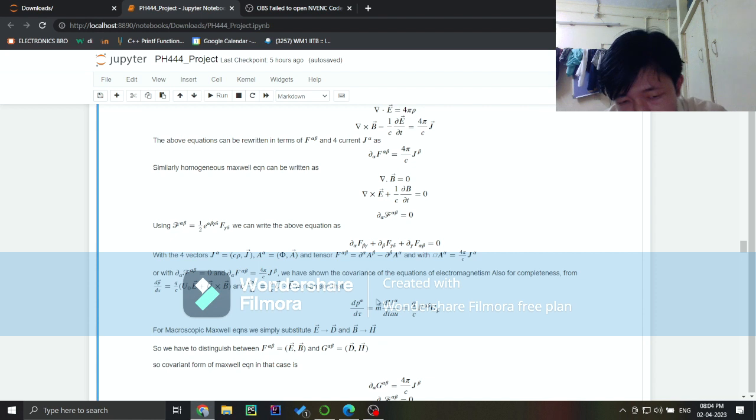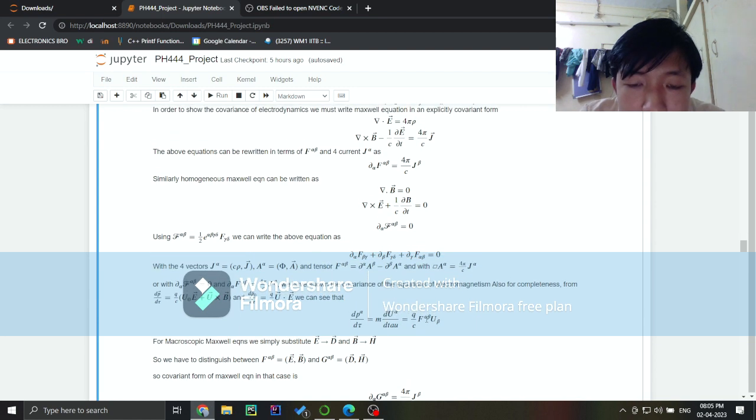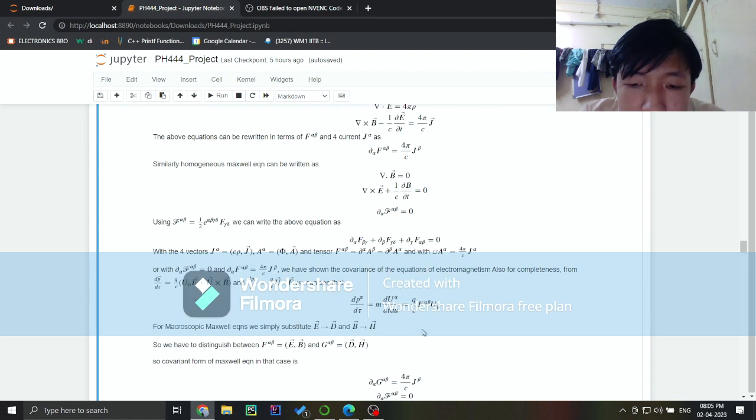It comes from the definition of p alpha, the p 4 vector, and du alpha by d tau. We know that this is essentially equal to f alpha beta u beta. So that's how we know that f alpha beta is a tensor here.